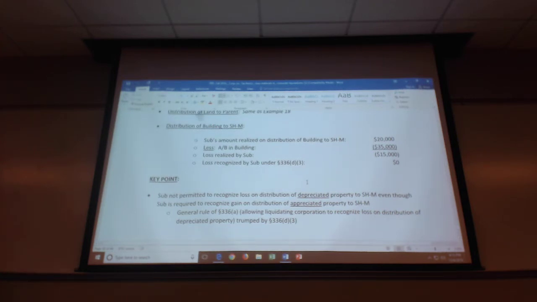Don't get confused by that, because the subsidiary doesn't recognize a loss whether it distributes the loss property to the parent corporation or to the minority shareholder. But in typical tax gobbledygook, the code reaches that end result by a circuitous path. So in the context of the minority shareholder, you only reach that conclusion under 336(d)(3).